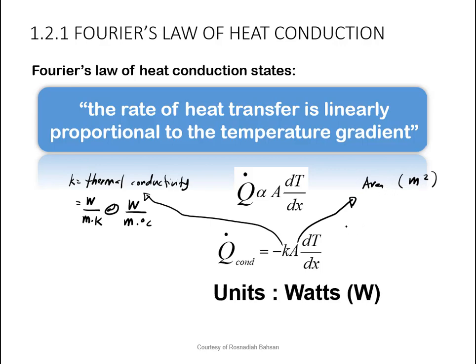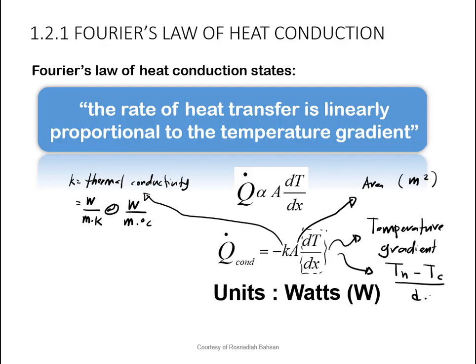Then dT/dx is known as the temperature gradient. In other words, dT is T hot minus T cold, divided by dx.